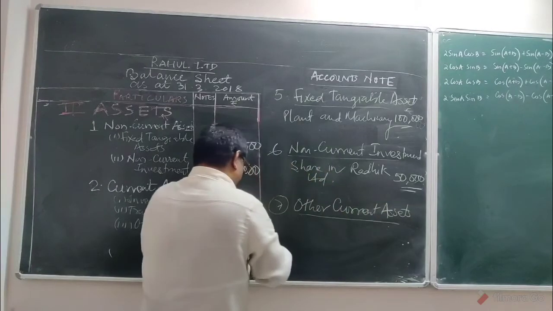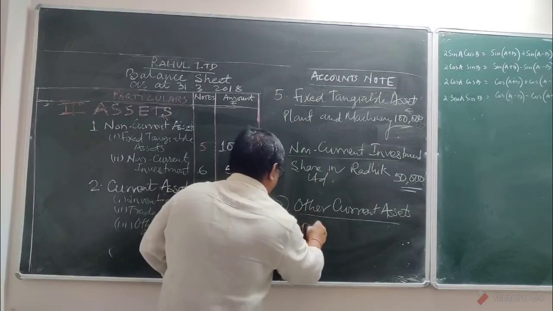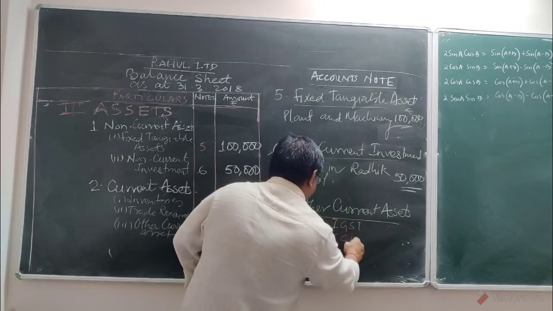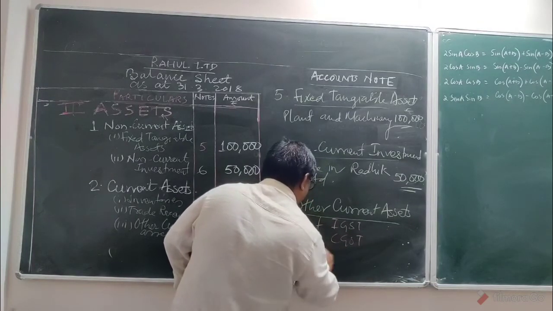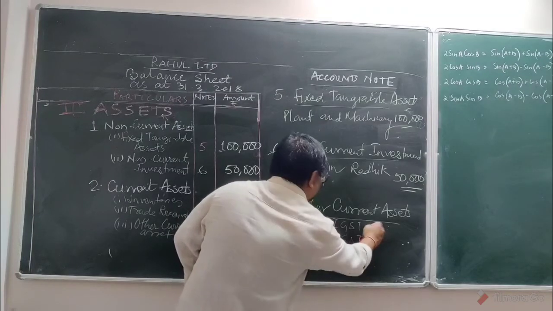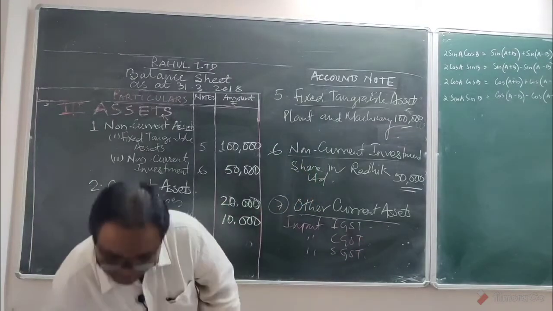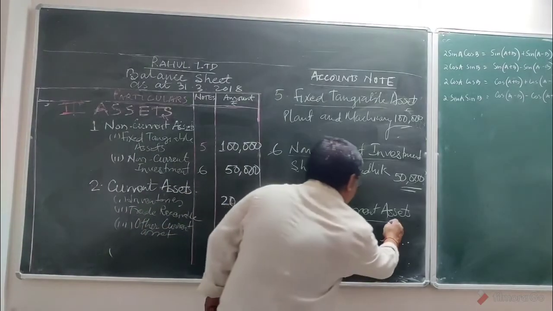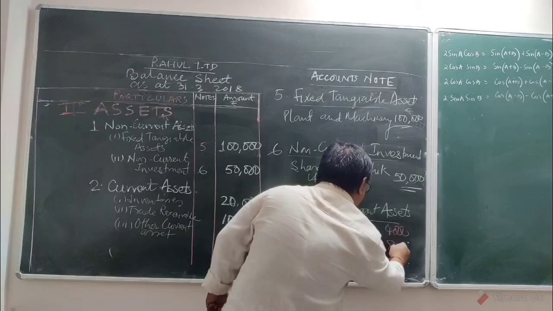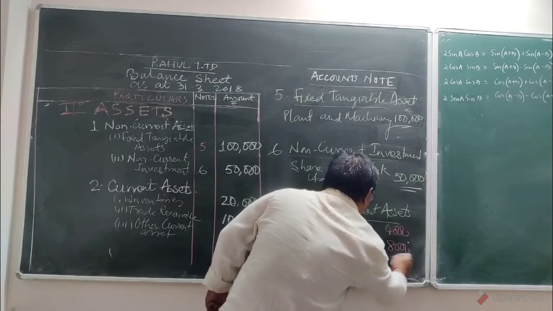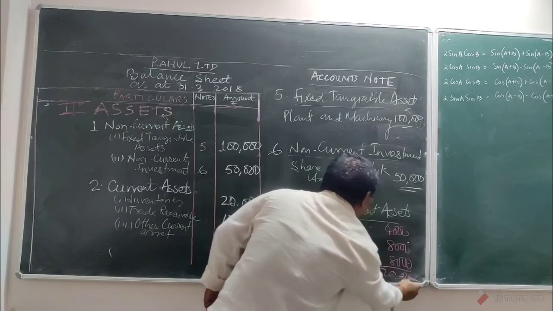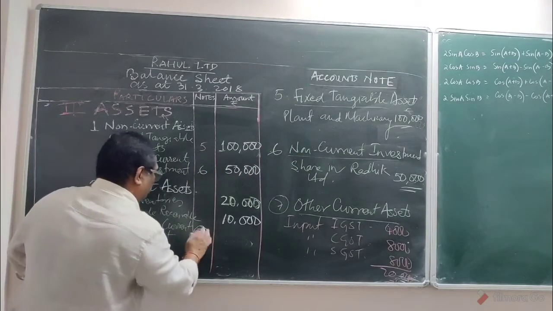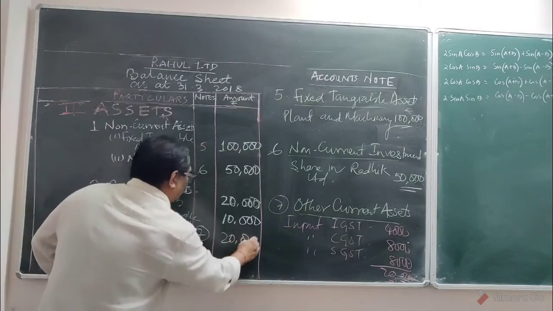The amounts given are 4,000, 8,000 and 8,000, which make 20,000. So 20,000 is the other current assets as per working note number 7.